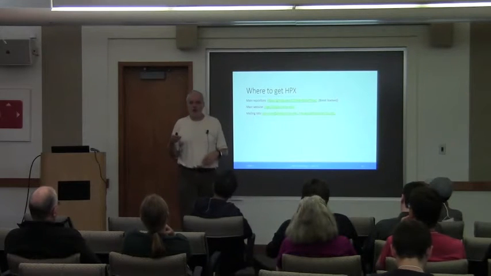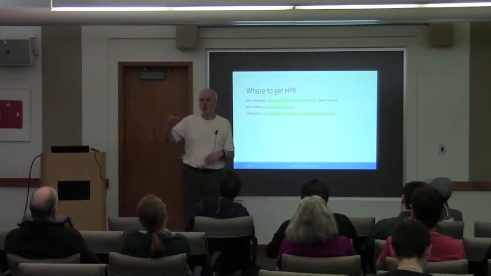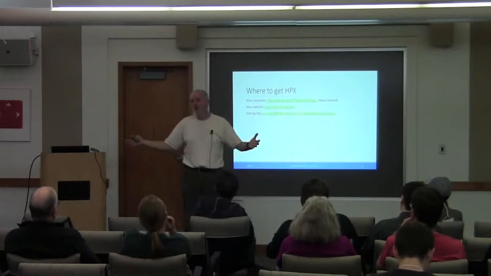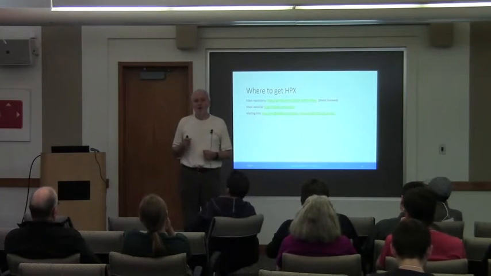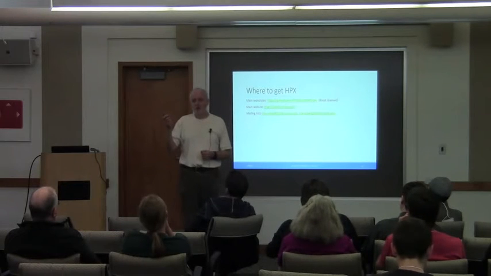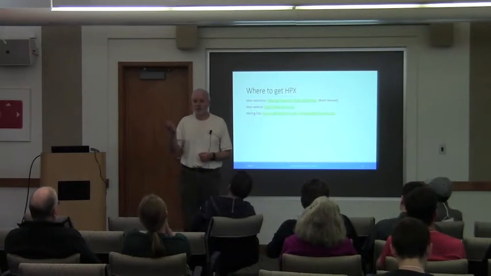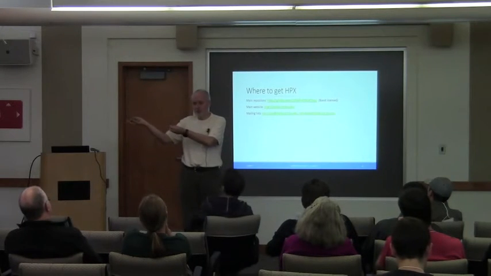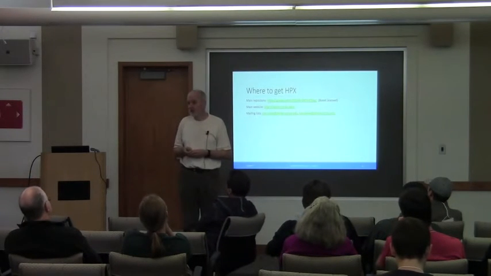But what HPX provides you with is the ability to add more localities at runtime. So you can expand the footprint of your application, and you can shrink it. But for a single future, it probably is way too much overhead to do that. So you probably just invoke that future on an existing locality. But if you really want to expand, you can do that.